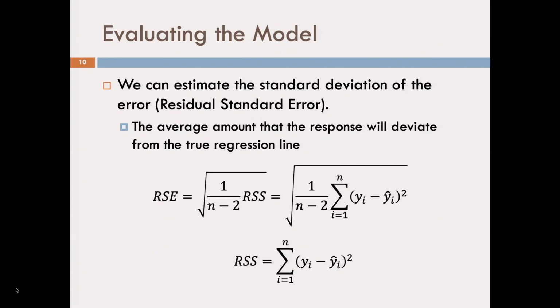We are getting the difference between each observation and the prediction, squaring, taking the root, and with this we can evaluate our model. So we expect that this value will be very low for good models and high for bad models. So the lower this value, the better our model, okay?